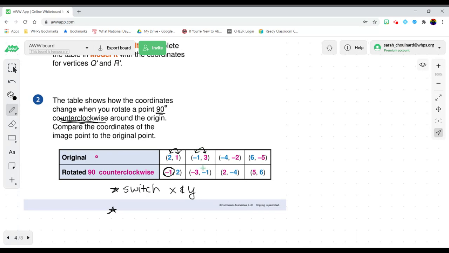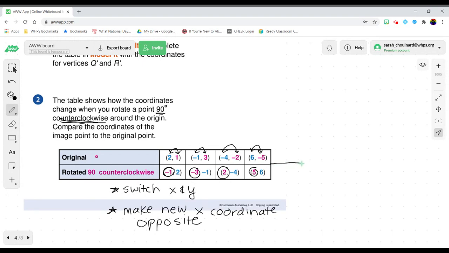When these switched, -1 stayed the same, but 3 became -3. When these switched, -2 turned positive, and -5 became positive. So we're going to switch x and y, and then make the new x coordinate opposite. If it was positive, turn it negative. If it was negative, turn it positive.